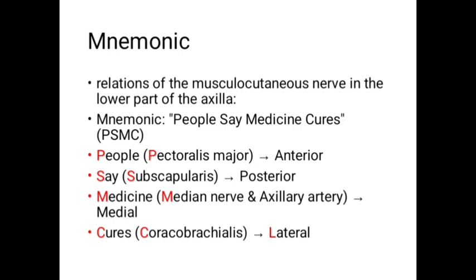The P in people represents the pectoralis major, which is anteriorly related to the musculocutaneous nerve. The S in say represents the subscapularis, which is posteriorly related. The M in medicine represents the median nerve, which is the medial relation, and the C in cures represents the coracobrachialis, which forms the lateral relation.